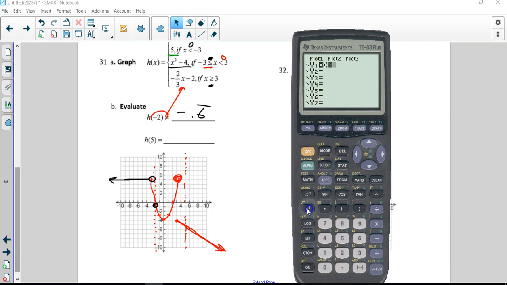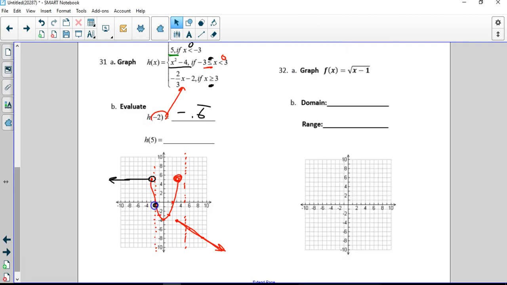Then go to the graph table and say negative 2 is 0. So I got to move this bad boy up. It's actually hitting right there at 0. So we change that to 0. But we know if this line would have continued through, it would have been negative 0.6.